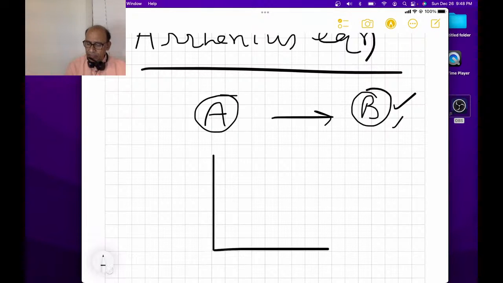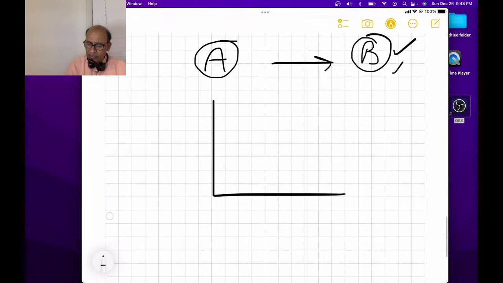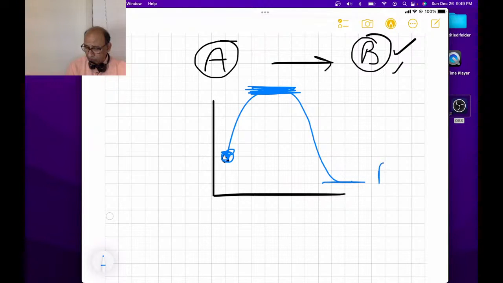In a graphical representation, one can show that if this is the energy of the molecule, and this is the energy state that is related to what is called the activation complex. When the A molecules successfully hit each other and lead to the formation of this unstable activation complex, which is of higher energy, then eventually it quickly dissociates to give B, the product.